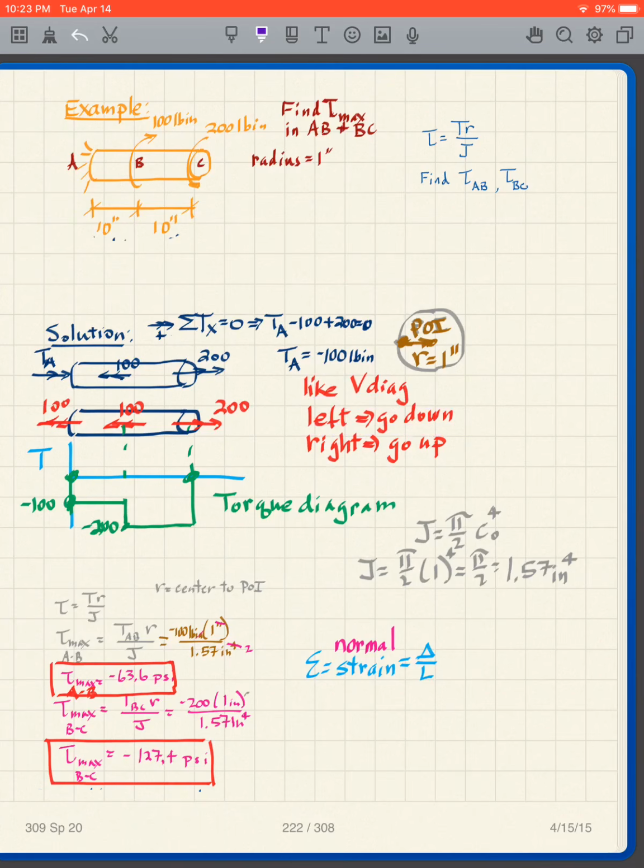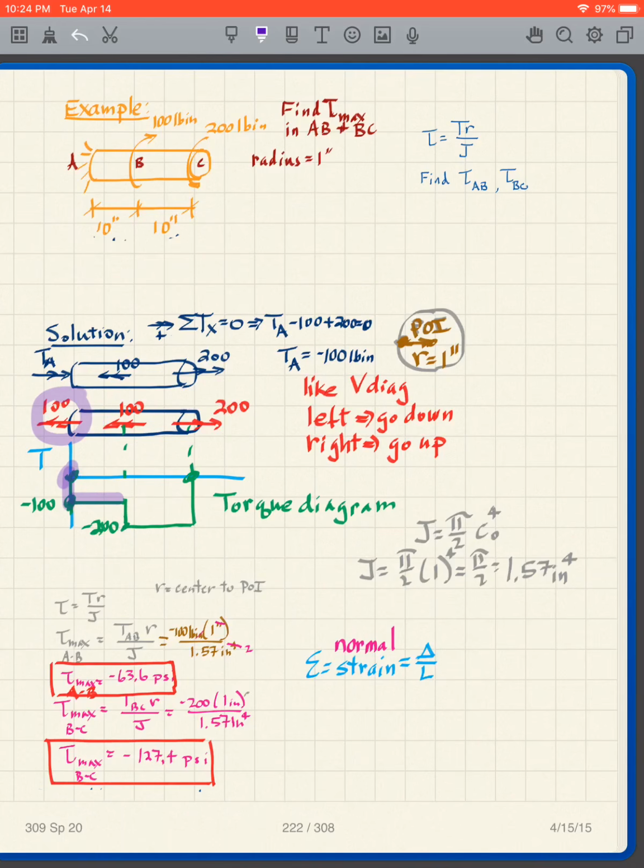So I start at 0 here, and I see 100 going to the left. That means I go down 100. Go straight across till I hit the next one. See another 100 going to the left. I go down another 100. Now I'm at negative 200. Go straight across. Then what? That's 200 to the right. That means I jump up. Takes me back to 0.